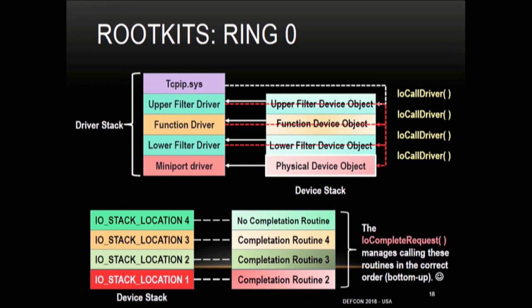At bottom, we have completion routines that are called in the reverse order. So the completion routine is the function that does the job. All of them are managed by the IoCompleteRequest function at right.